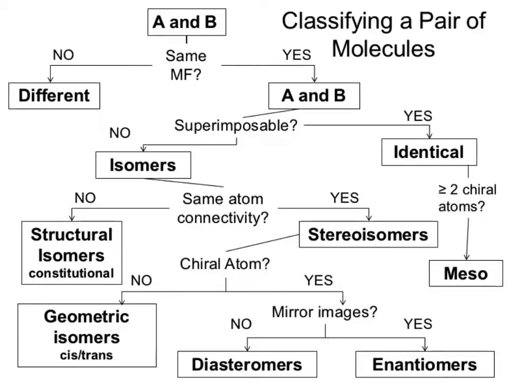Okay? If we do have a chiral atom, then we need to look for mirror images. Okay? Is the relationship mirror images? If they are mirror images, they are defined as enantiomers. If they aren't mirror images, they're diastereomers. How do we get to the mesos? Mesos are a subcategory of the identical system. We're looking for those chiral atoms.